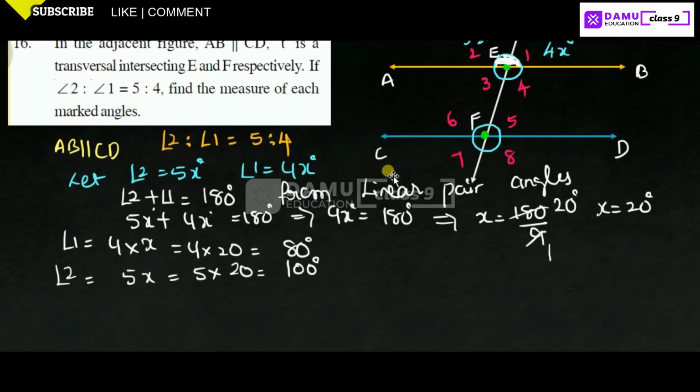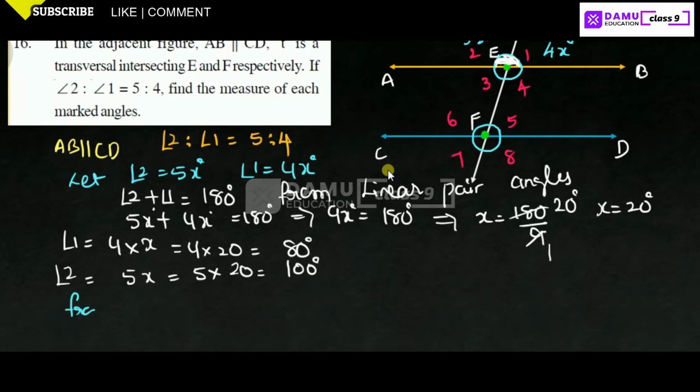From this, what can we say about angle 1 and angle 5? They are corresponding angles. From corresponding and vertically opposite angles, angle 1 will be equal to angle 5, angle 1 will be equal to angle 3, and angle 5 will be equal to angle 7.